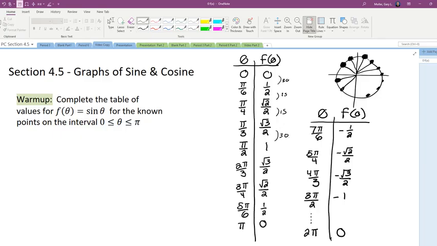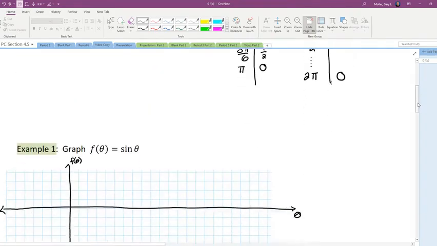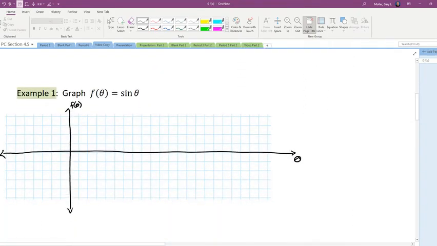So let's do the following. We're going to do some estimating. We'll just go by increments of pi over 4. I'm going to jump, and in class I might do this differently.